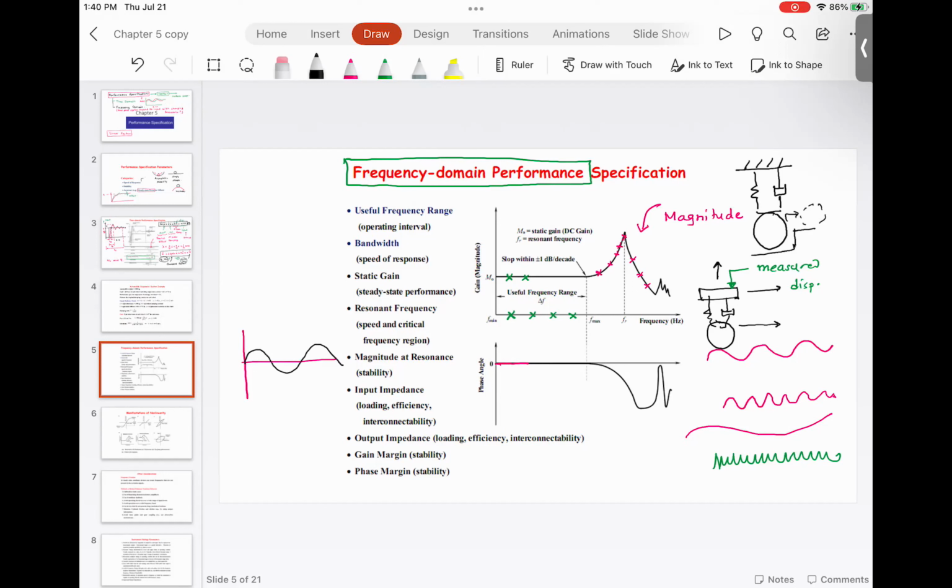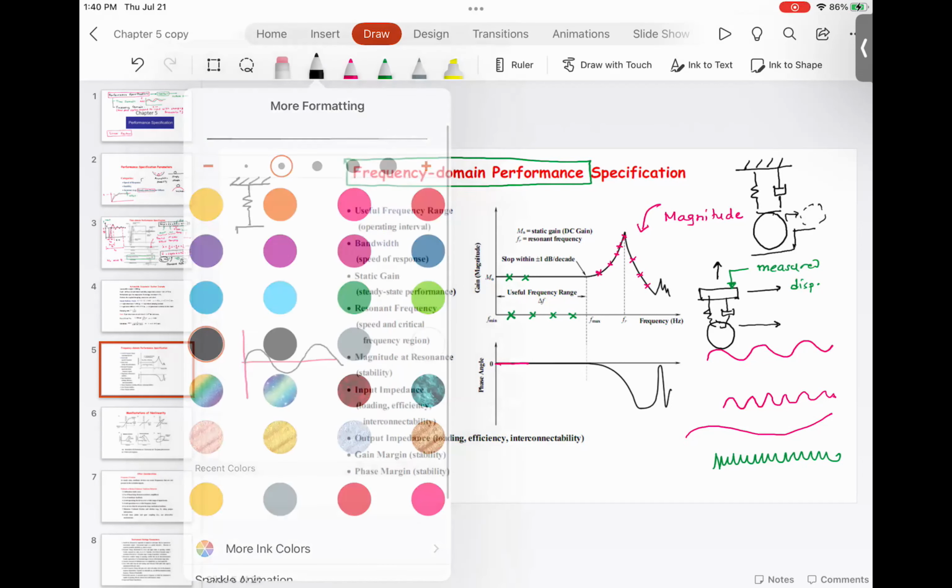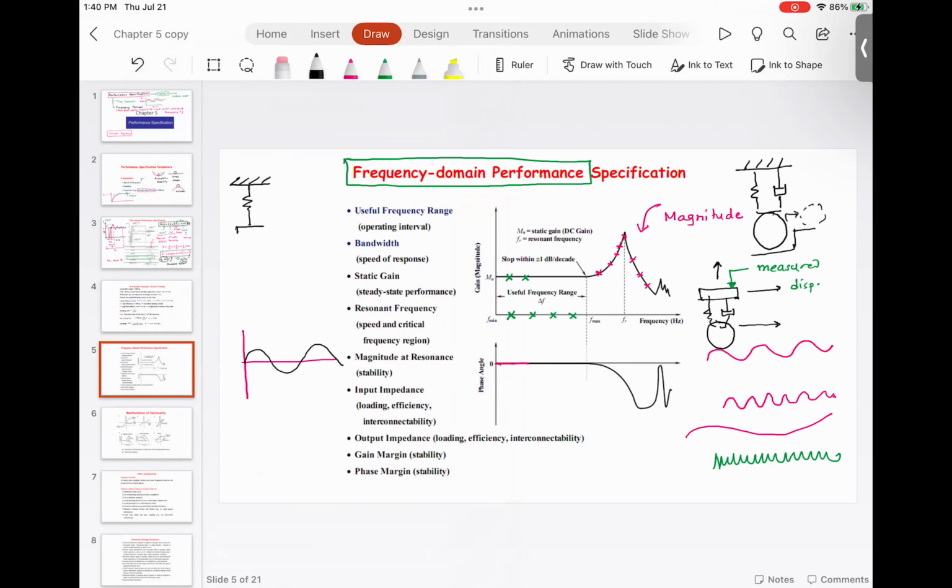Now I want to ask you this simple question. Let me give you a very simple example. I have a system that does not have any mass, no mass, just a spring. A massless spring, a hypothetical massless spring.